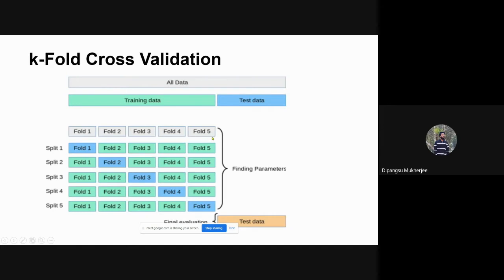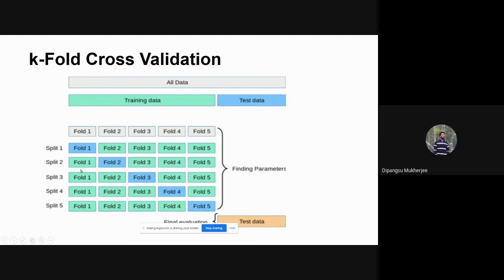Based on these folds, first we take fold 1 as test data, and we take folds 2, 3, 4, and 5 as training data. Based on this training data, we predict our fold 1 data, and the output will be split 1, suppose. In split 2, we have fold 1, fold 2, fold 3, fold 4, and fold 5, and we take fold 2 as our test data and predict it based on the other folds.